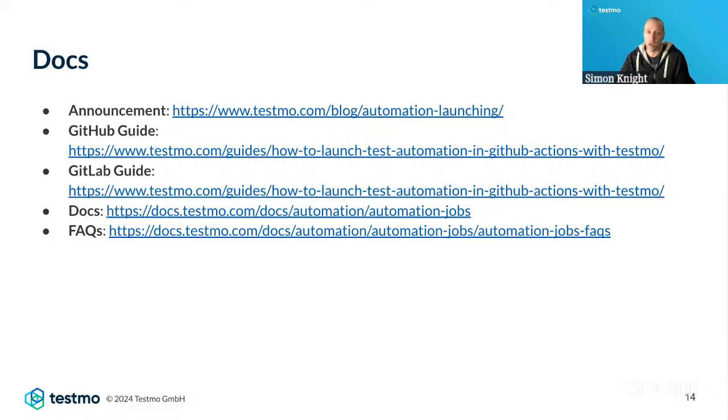I think those guides are fairly comprehensive. We've supplied repositories that you can use as examples with them. And you can just clone those repos, reproduce them in your own GitHub or GitLab workspaces, hook them up to your Testmo instance, and you should be more or less good to go.